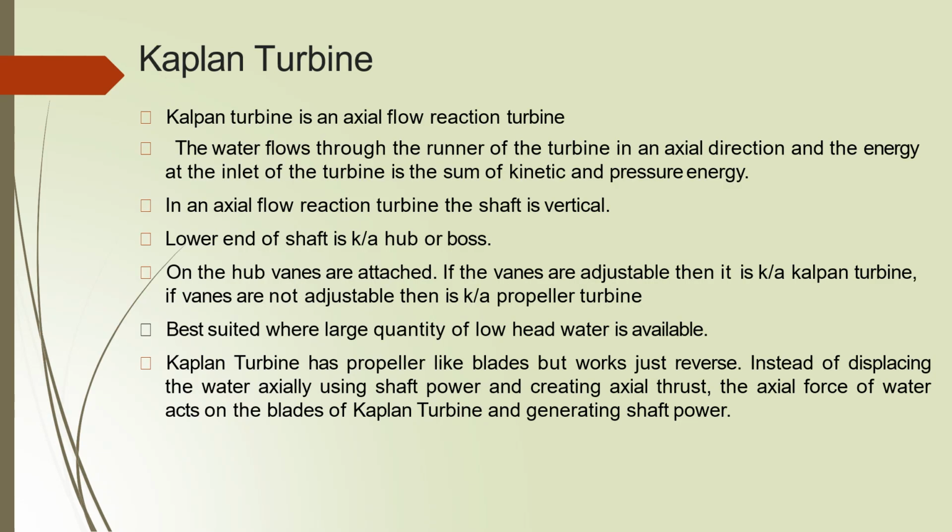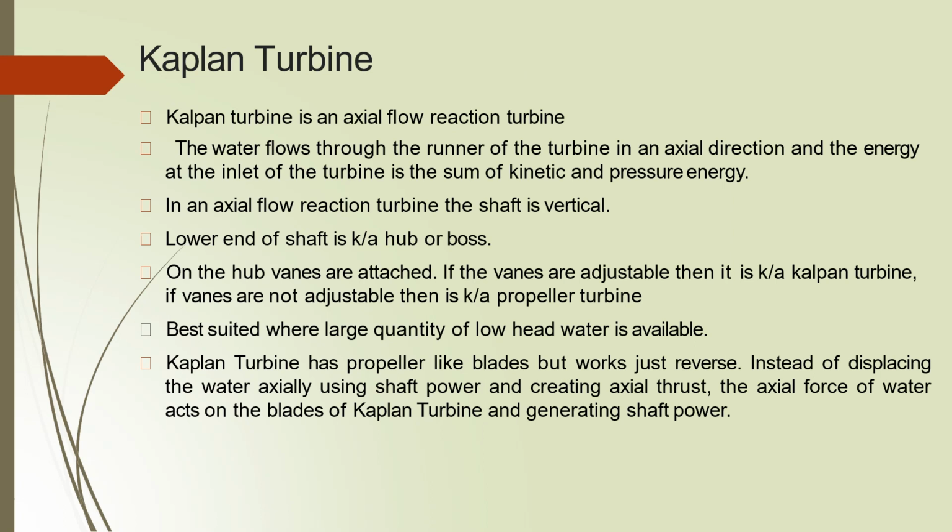One more important turbine is called a Kaplan turbine. A Kaplan turbine is an axial flow reaction turbine. The water flows through the runner of the turbine in an axial direction, and the energy at the inlet of the turbine is the sum of kinetic energy plus pressure energy.